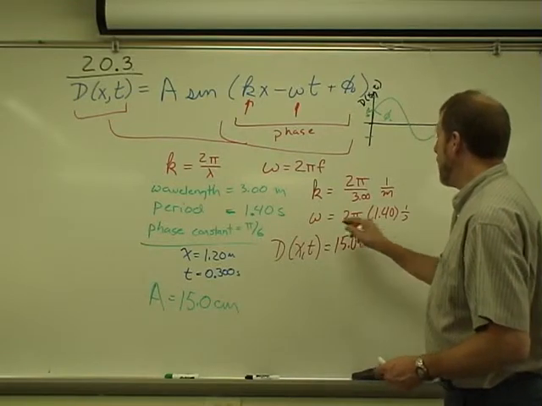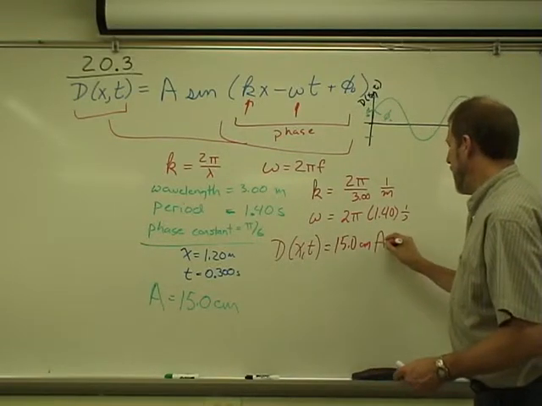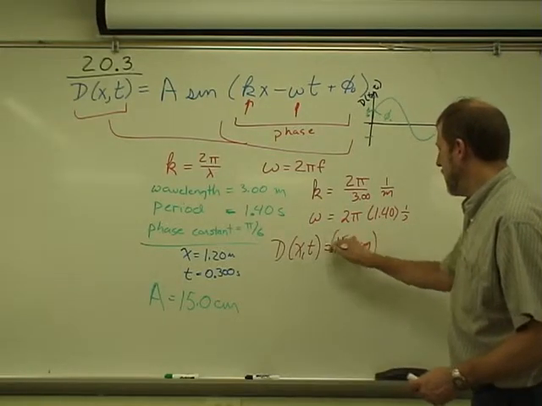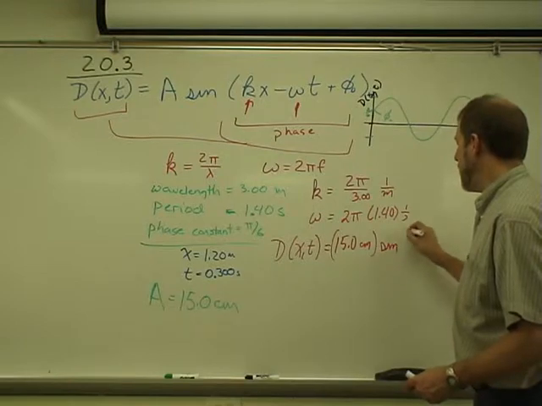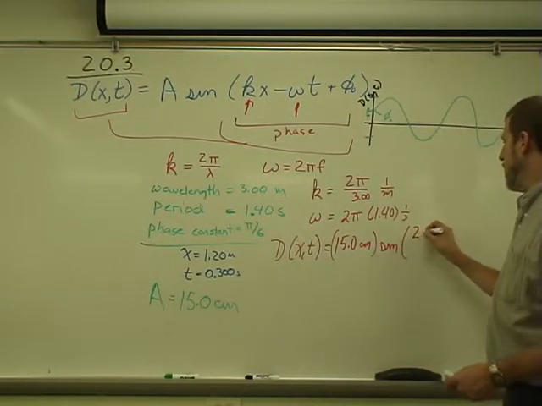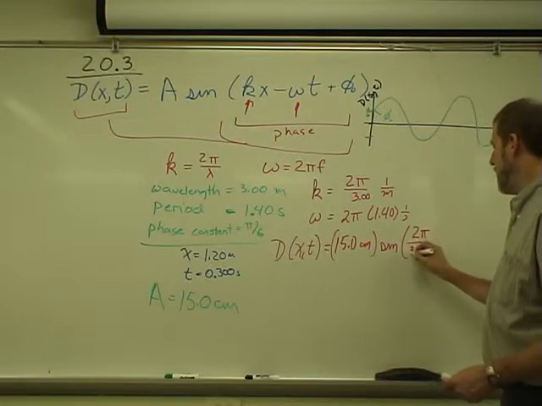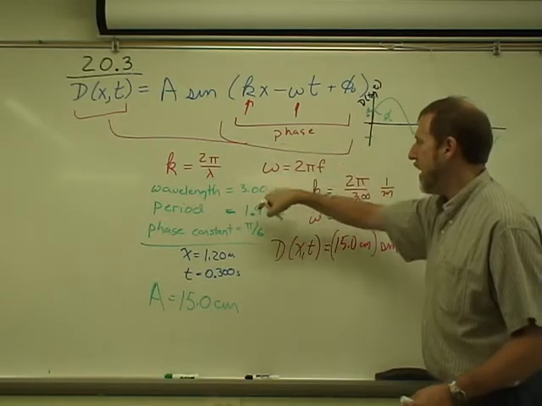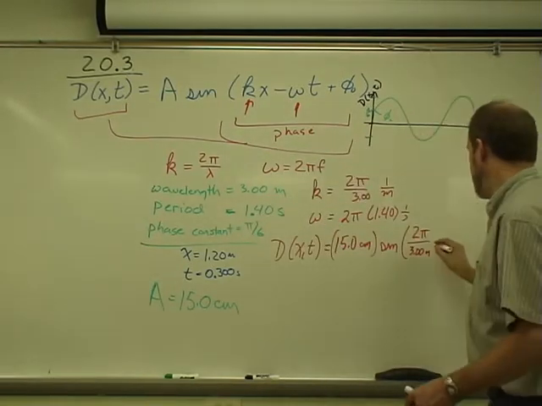In that case, I've got 15 centimeters times the sine of kx, 2 pi over 3 meters times x, which is 1.2 meters.